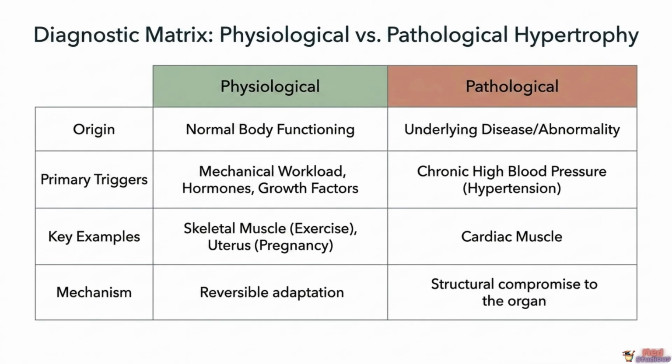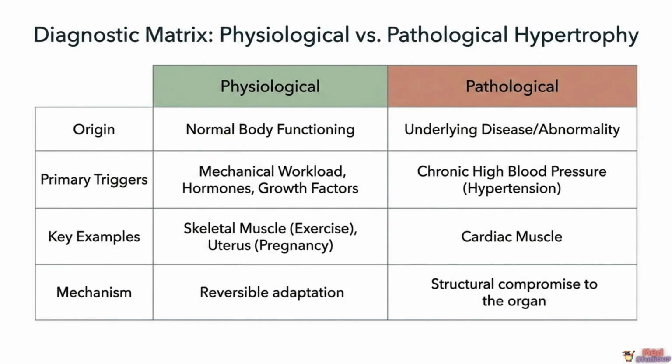Let us now consolidate everything into a high-yield diagnostic comparison matrix, exactly the kind of structured thinking you need for both exams and clinical practice. First, origin. Physiological hypertrophy originates from normal body functioning. Pathological hypertrophy originates from an underlying disease or abnormality.